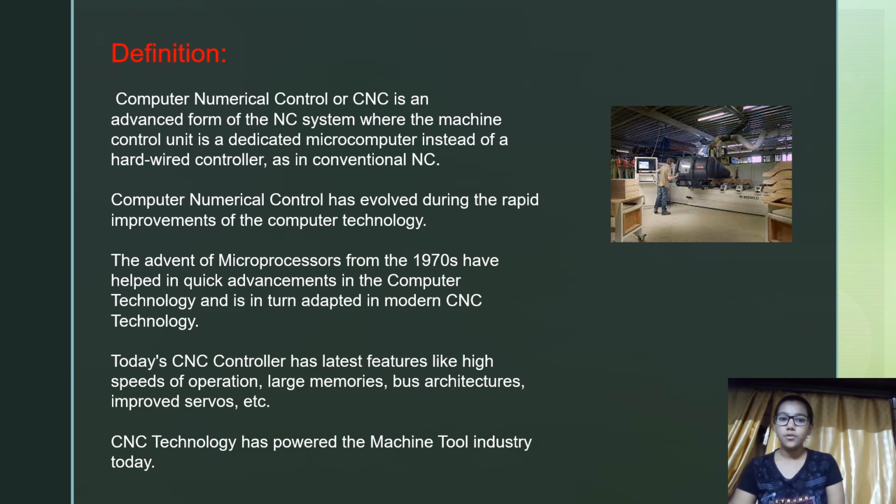The advent of the microprocessor from the 1970s helped quick advancements in computer technology, which in turn was adapted in modern CNC technology. Today's CNC controllers have the latest features like high speeds of operation, large memories, bus architectures, improved servos, and so on. CNC technology has powered the machine tool industry today.